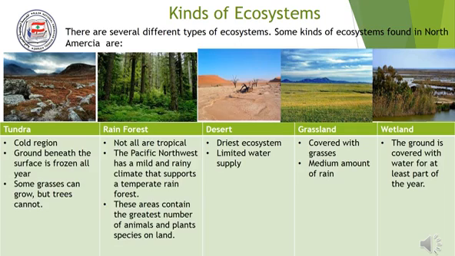Rainforest. Not all are tropical. The Pacific Northwest has a mild and rainy climate that supports a temperate rainforest. These areas contain the greatest number of animal and plant species on land.